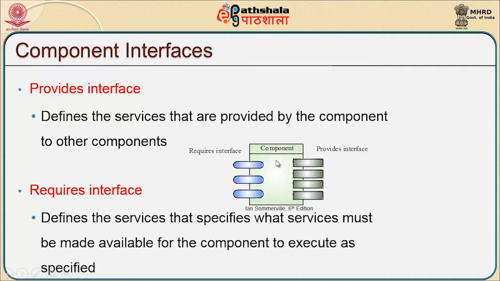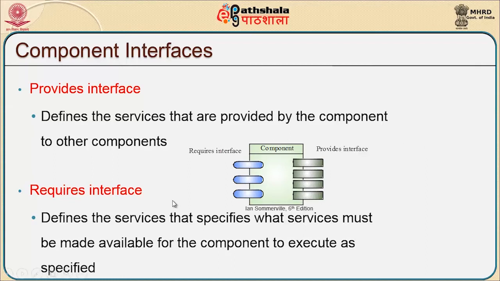We have looked at several examples relating to the interfaces. If we have a component called print job, we have two interfaces that we have created. This component requires an interface and it can also provide an interface. This picture depicts that every component has an interface. The provides interface defines the services that are provided by the component to the other components, which might make use of it.